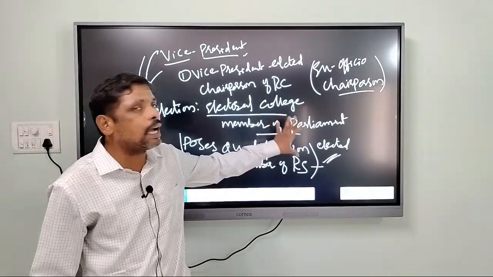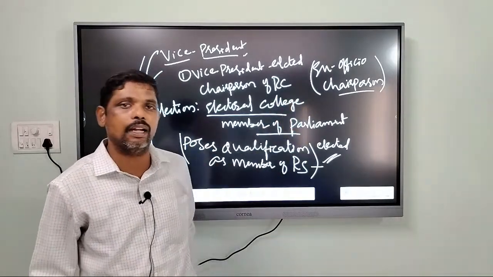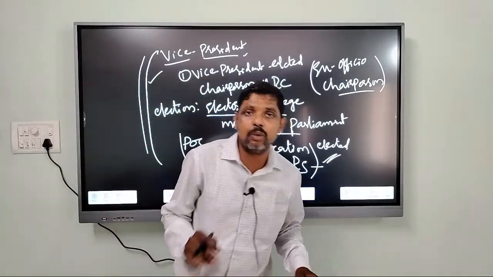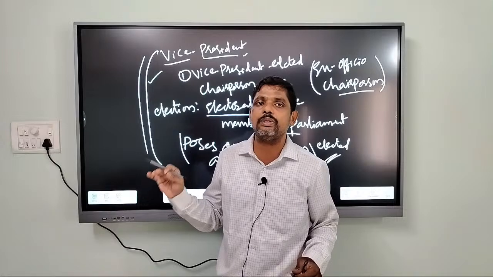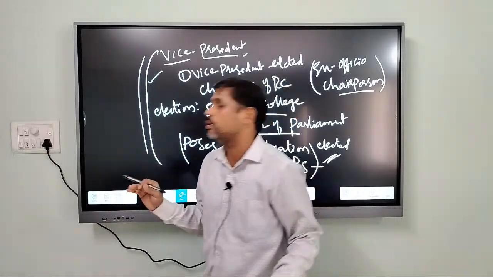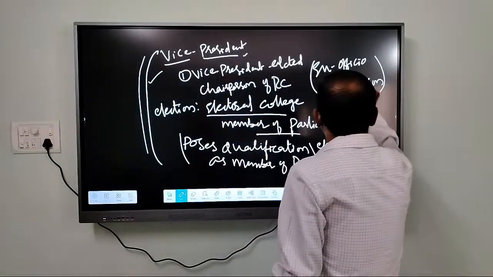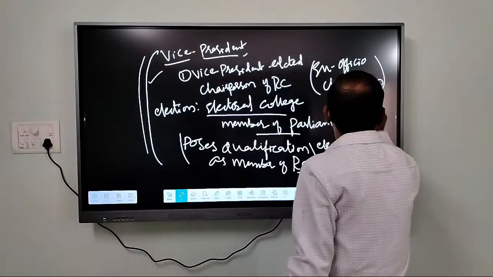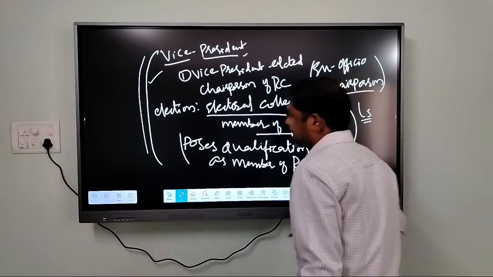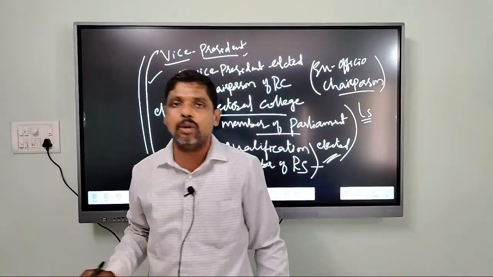So after passing the resolution in Rajya Sabha, the same resolution is sent to Lok Sabha. So first it is Rajya Sabha, then it is sent to Lok Sabha.